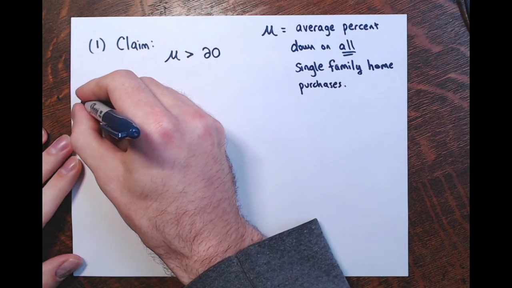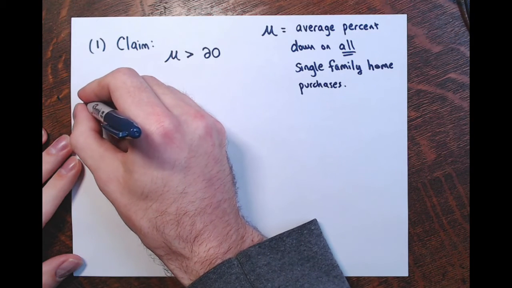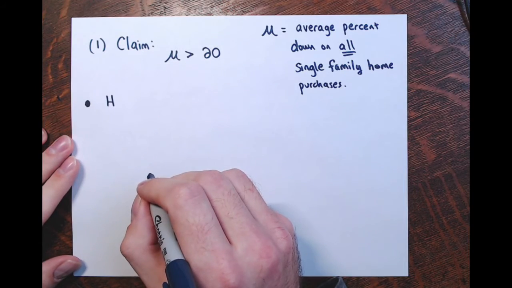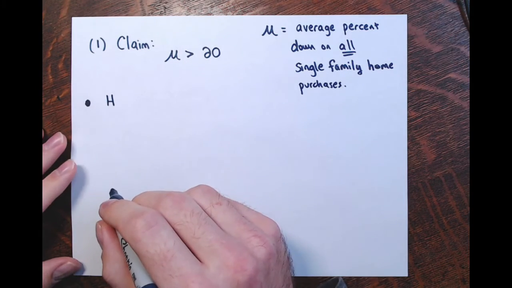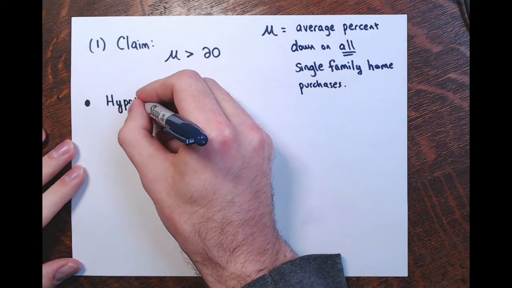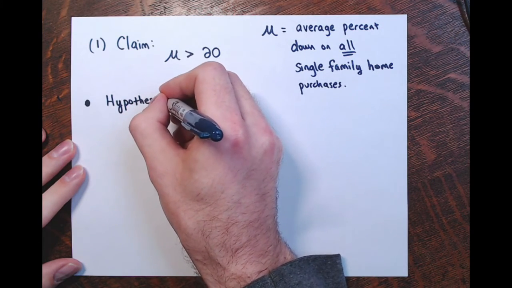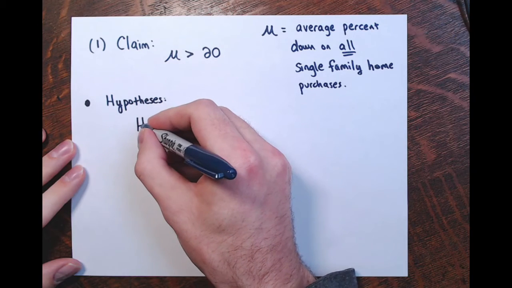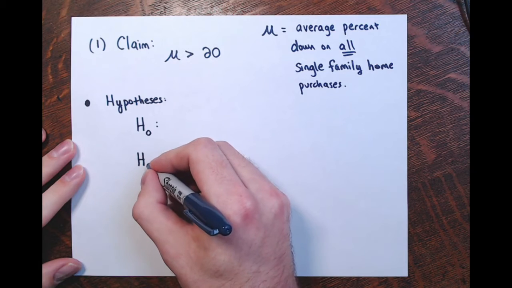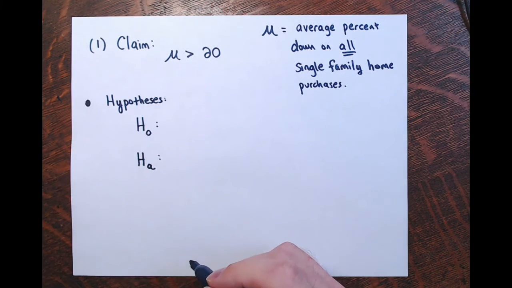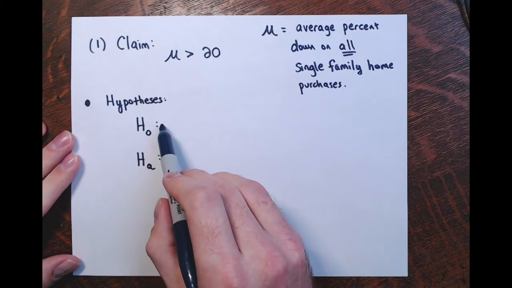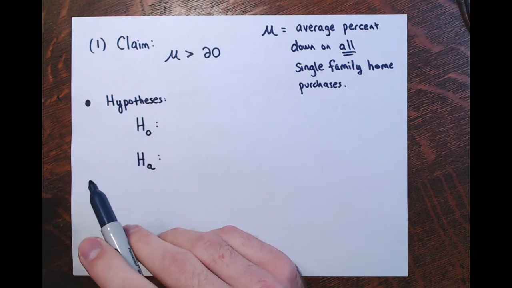Then you have your hypotheses. I guess you could put that in with the first step, because the hypotheses tie into the claim. They're formed based on the claim. There is the null hypothesis labeled H0 and the alternative hypothesis in this text labeled HA. The null hypothesis always involves some sort of equality.